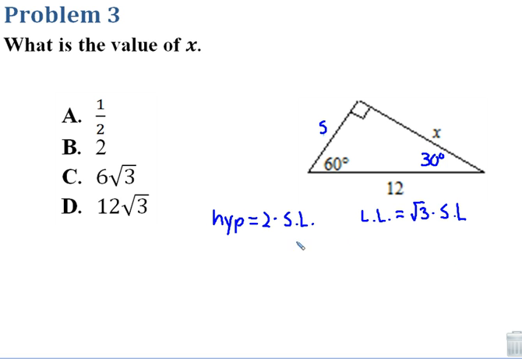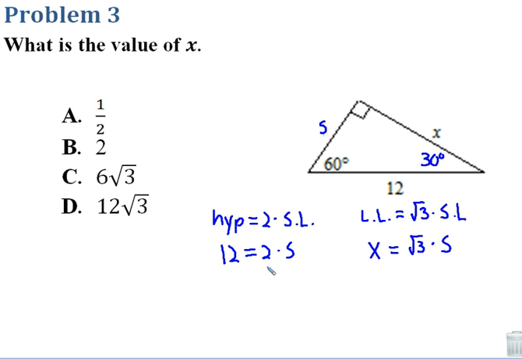Okay, filling in what we know. I know my hypotenuse across from the right angle is 12. So 12 is equal to 2 times short leg S, which we don't know. And then my long leg across from the 60 will be x. So we could say that x is equal to square root 3 times S, the short leg again. Okay, I can't start with my second equation because there's 2 variables, so I have to start with my first equation. I have to solve for the short leg.